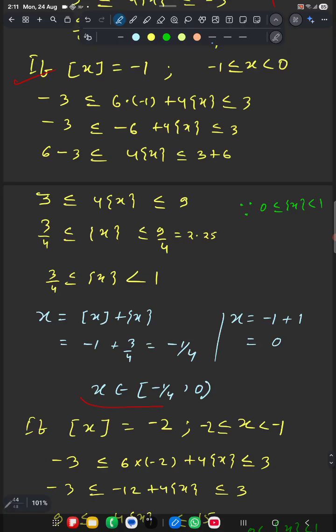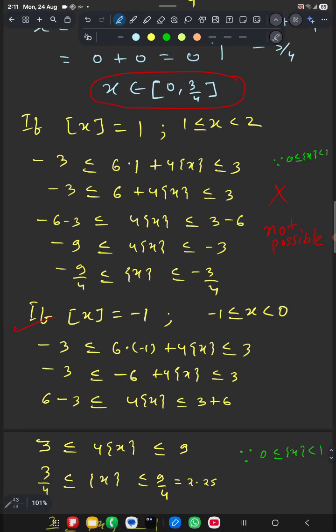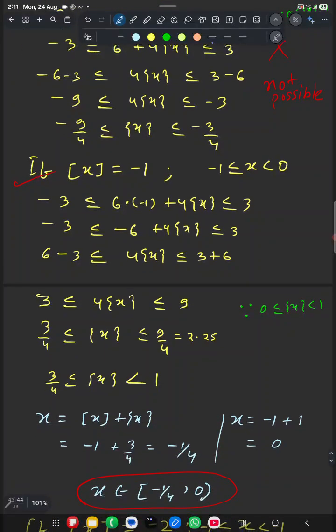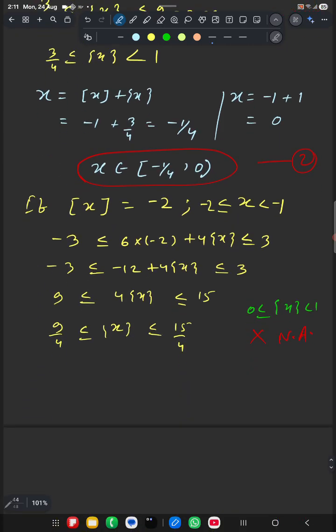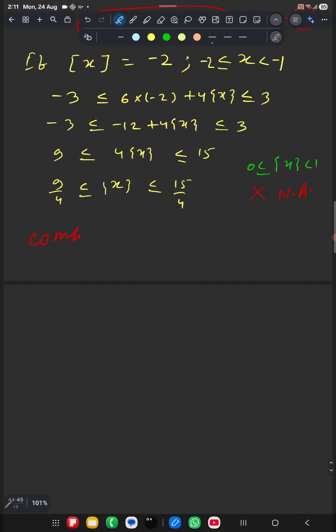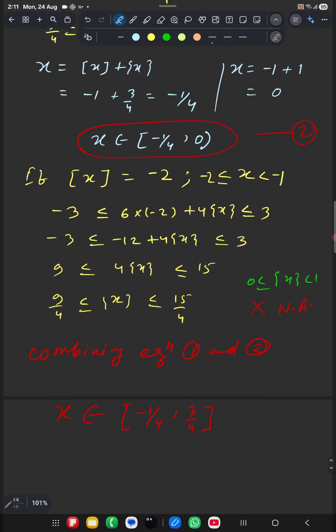From here you are getting that x belongs to the closed interval minus 1 by 4 from the left and open interval up to 0 from the right side. If you combine these two, combining equations 1 and 2, you will get that x belongs to the closed interval minus 1 by 4 to 3 by 4, because 0 is being included in equation 1.